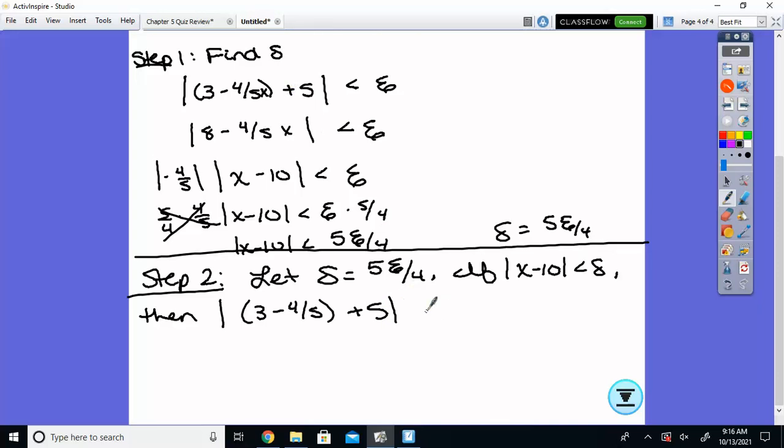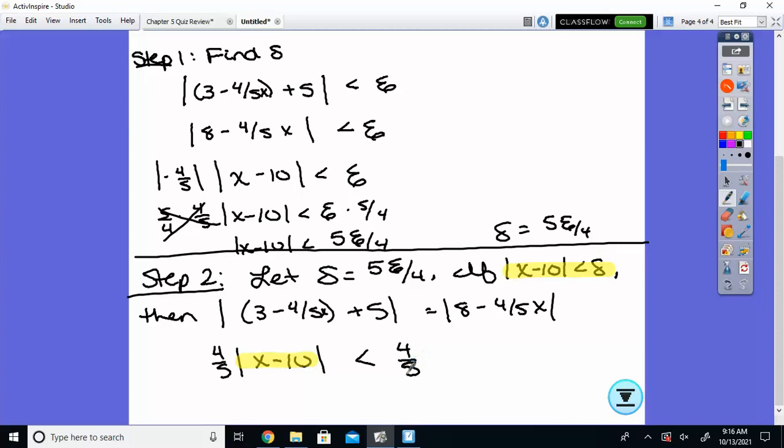And now we're basically repeating everything we did up there. So you add your like terms. We can take out the negative 4/5, but the absolute value of negative 4/5 is a positive. But we've already said that x minus 10 is less than delta.